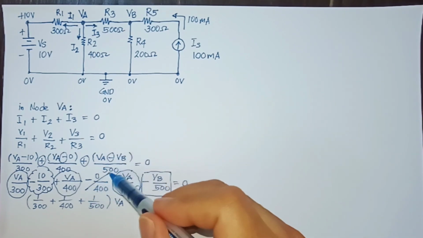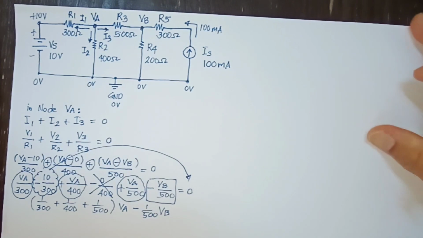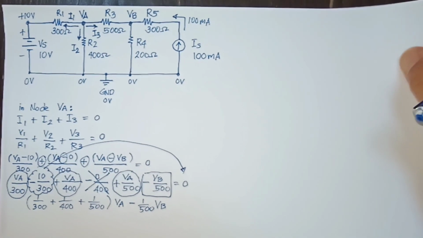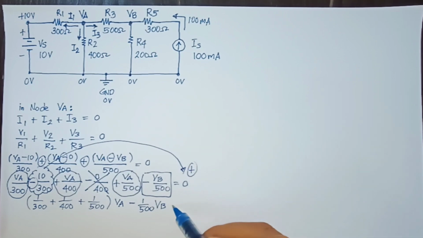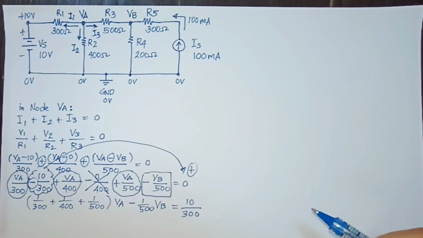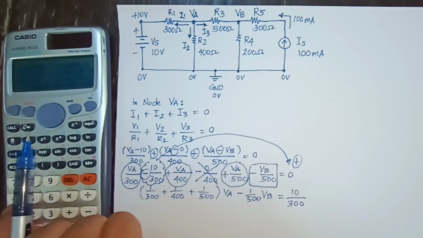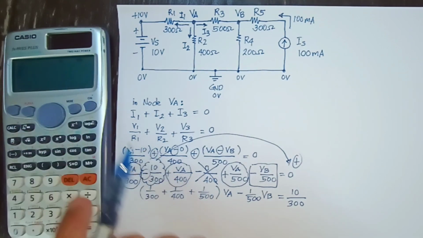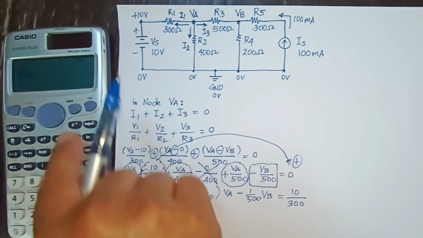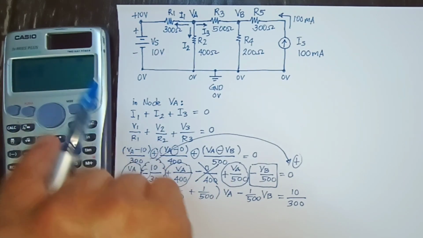Let's cancel this 0 over 400, and then the negative 10 over 300, when you move it to the right side of the equation, the minus will become plus. Therefore, this will be equal to 10 over 300. This will now be easier for us, and let's use the calculator to compute for the fractional part of VA. 1 over 300 plus 1 over 400 plus 1 over 500.